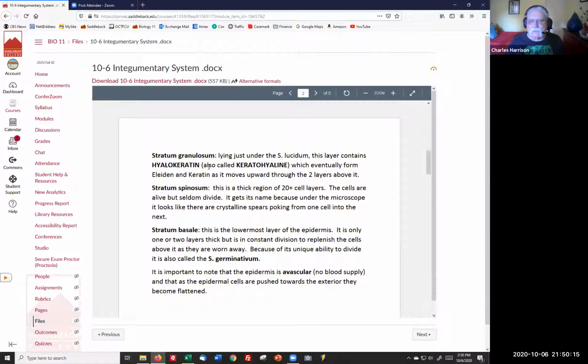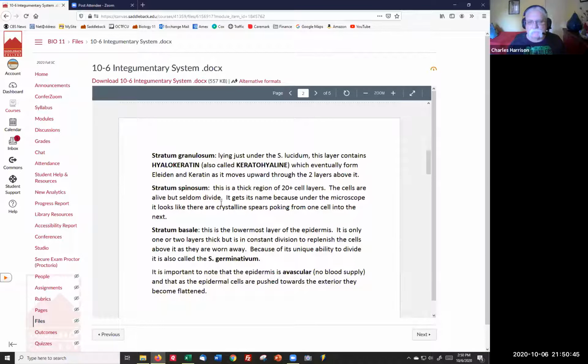Now below that is a layer called the stratum spinosum, so called because the cells that are next to each other often look like they have little crystalline spears or needles going from one cell into the next and holding things together. No particular chemical is associated with these.